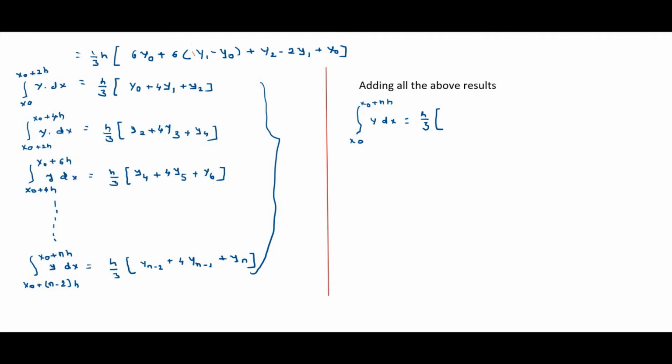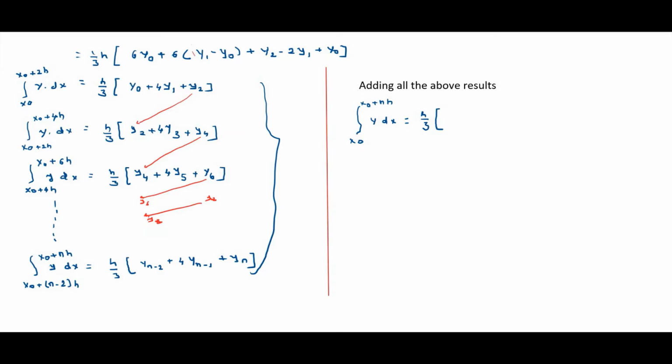Now in this case, you see the first bracket ends with y2 and the second bracket starts with y2. The second bracket ends with y4 and the third bracket starts with y4. Similarly, the third bracket ends with y6 and the fourth bracket starts with y6. Next it ends with y8, and the next bracket starts with y8. It shows that the last value is repeated 2 times.